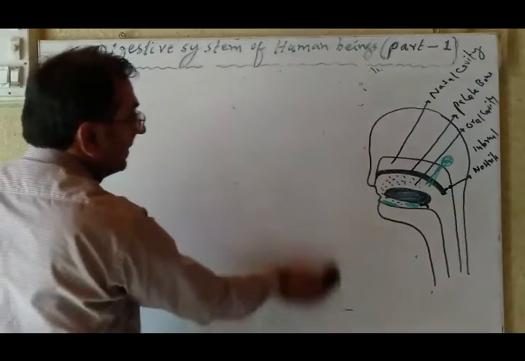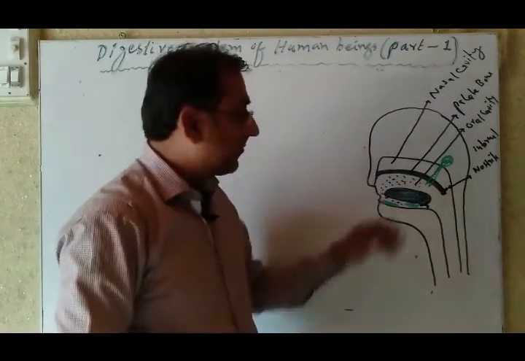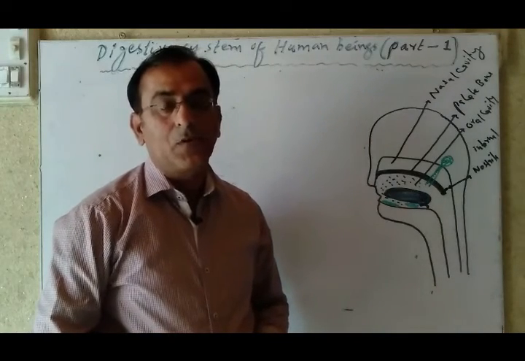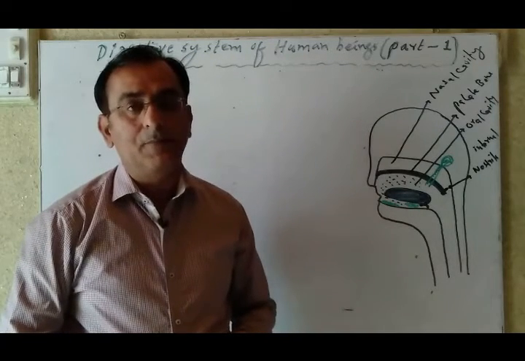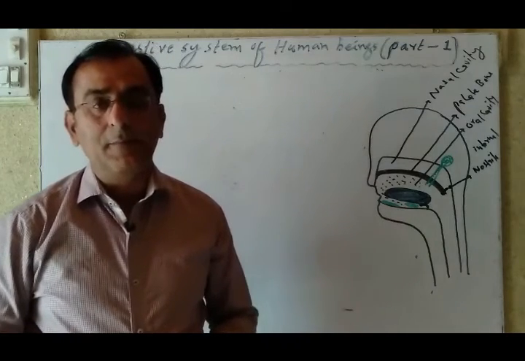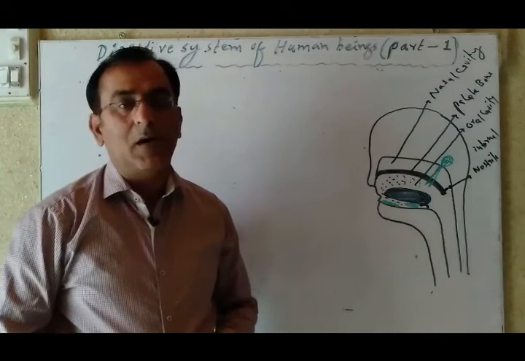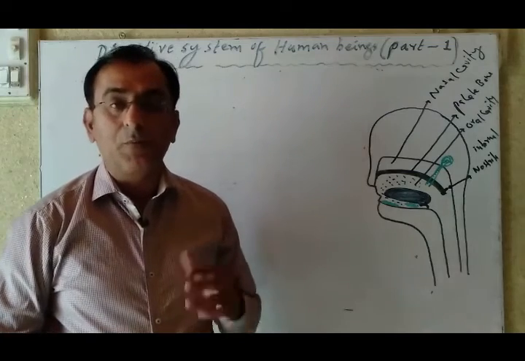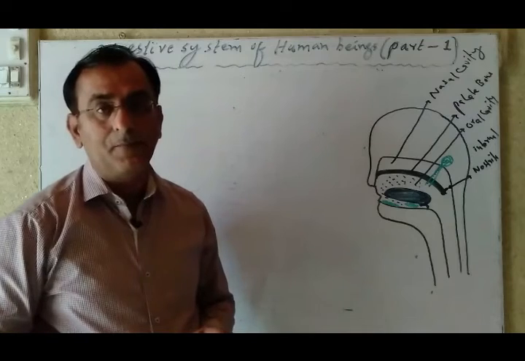When all these structures of the oral cavity perform their function, then food is mechanically as well as chemically digested. Mechanically digested by teeth and tongue, and chemically digested by enzymes of saliva. When the physical form of the food changes, it is known as mechanical digestion.